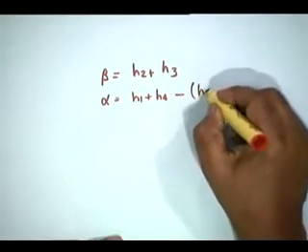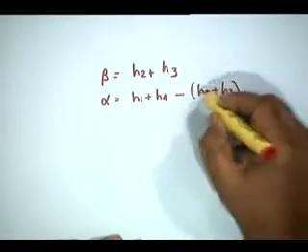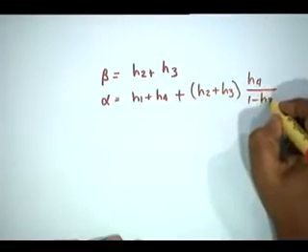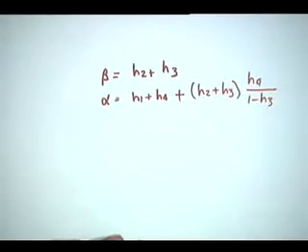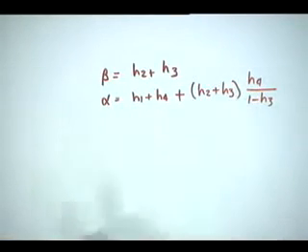So, beta is H2 plus H3 and K1 is H4 divided by 1 minus H3. I have changed the sign. With a little bit of maturity, you will not have to do the intermediate steps in algebra. You can write these things directly.